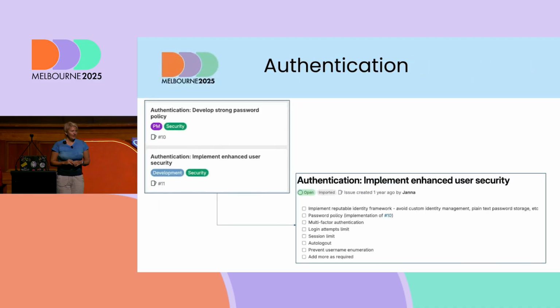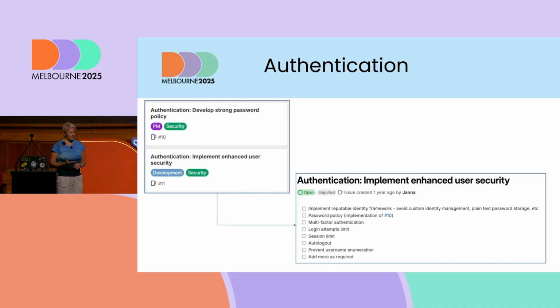Authentication. Before starting with authentication, develop your strong password policy. Is there password expiration? Are you using third-party providers? Anything like that. And implementation of enhanced security for users. Should there be multi-factor authentication?